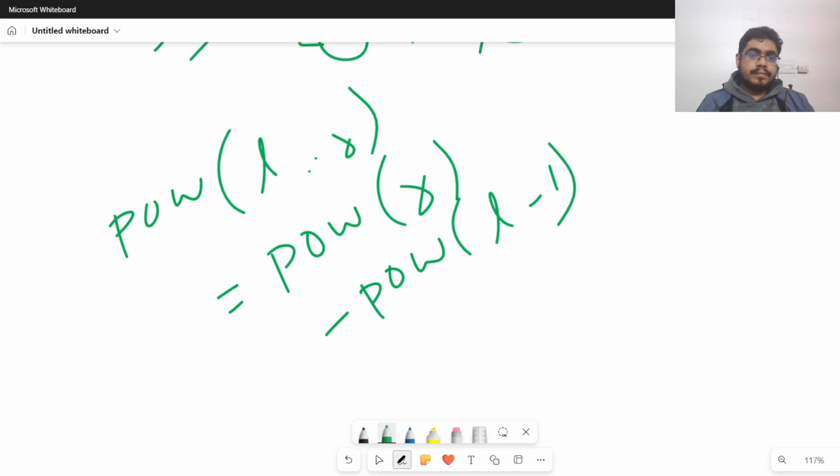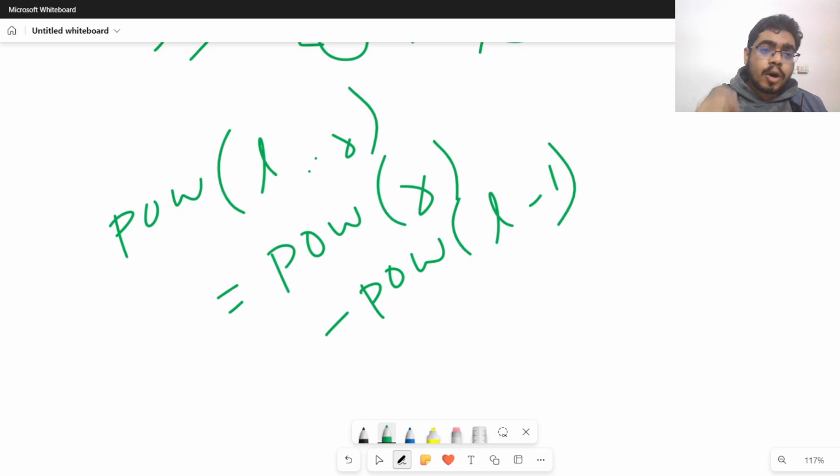Very similar to the prefix sum technique. This technique is always possible with invertible operations like sum, count, XOR. But max from L to R is not dependent upon max from start to R and max from start till L minus 1, because max is something which is not invertible. So it is a very important, common pattern that we would see in a lot of other questions as well.